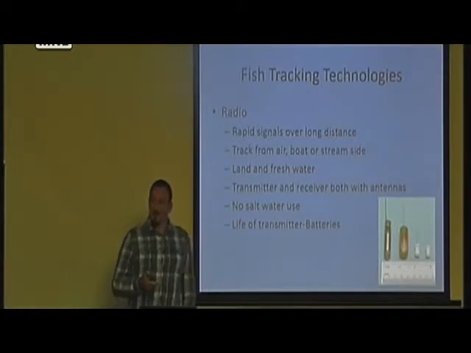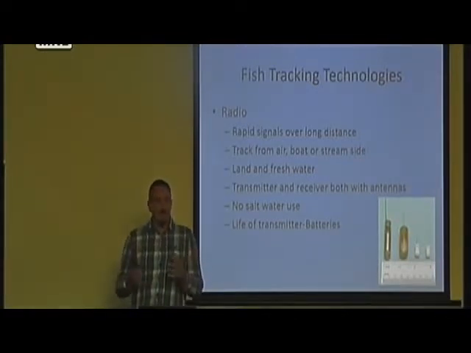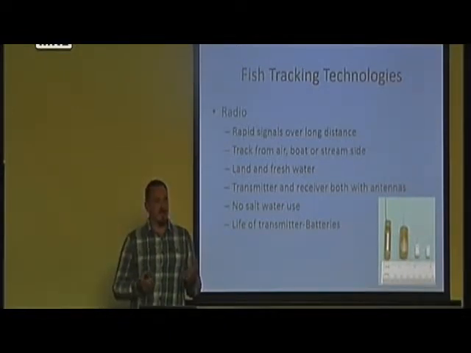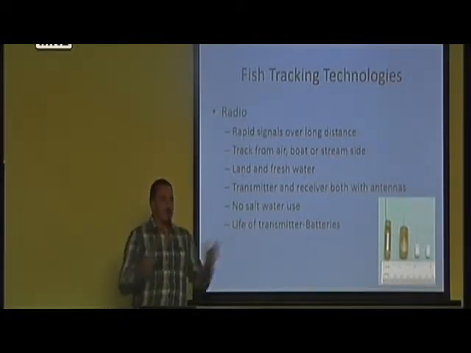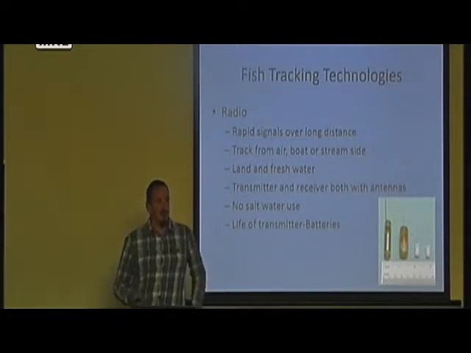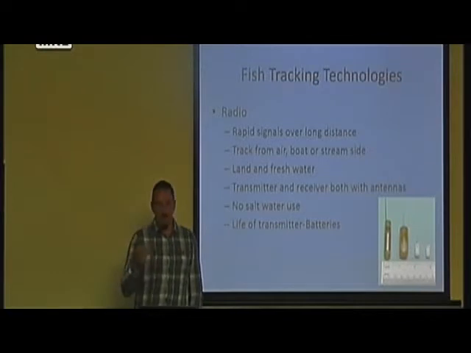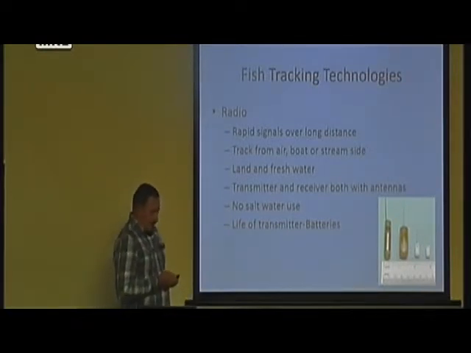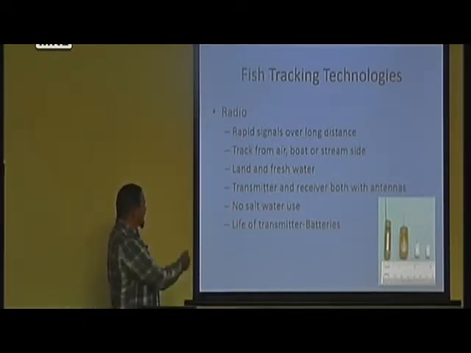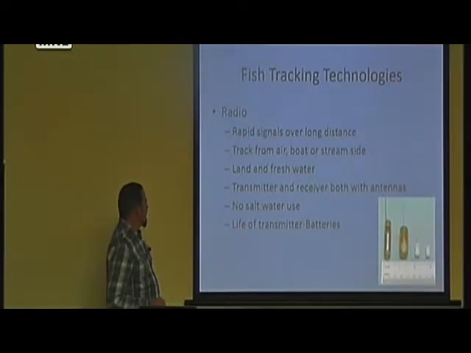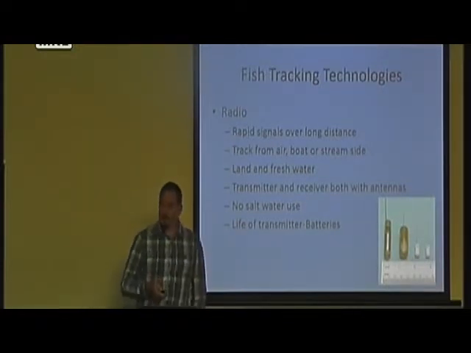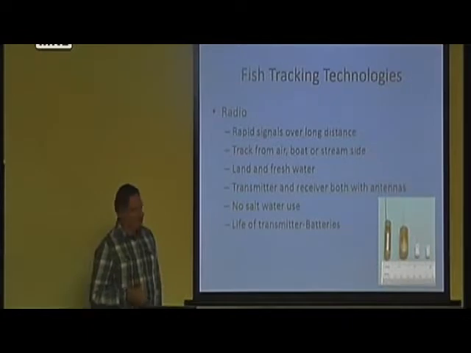It's really good for initially doing a study with a few individuals, because the tags are pretty expensive. But then you could figure out a general movement of fish based on one or two individuals that you can keep tracking. And use in saltwater is a problem. It doesn't transmit through salt water.